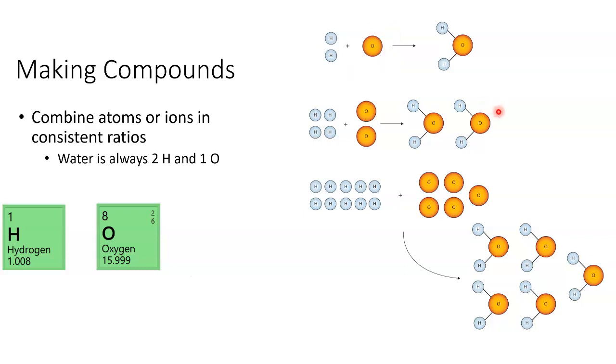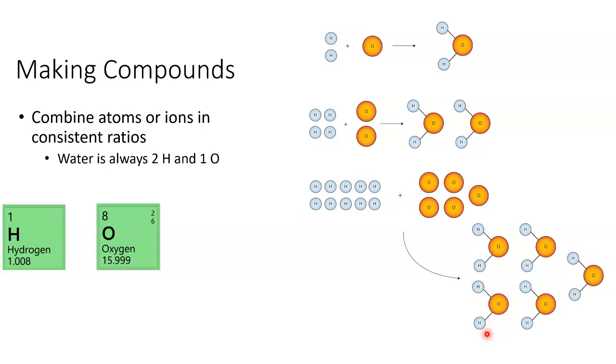If we want to make 2 water molecules, we will need 4 hydrogen atoms and 2 oxygen atoms. And this ratio here of 2 hydrogen atoms for every 1 oxygen atom to make that many molecules of water, this is always going to hold true.